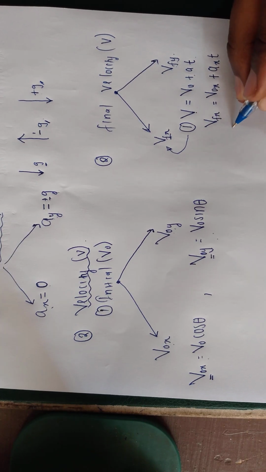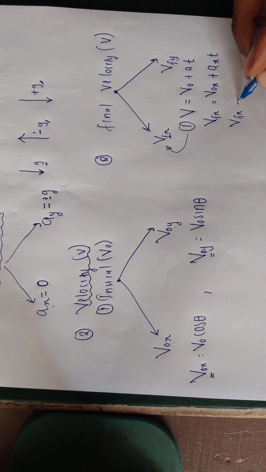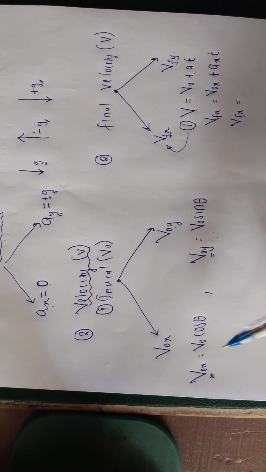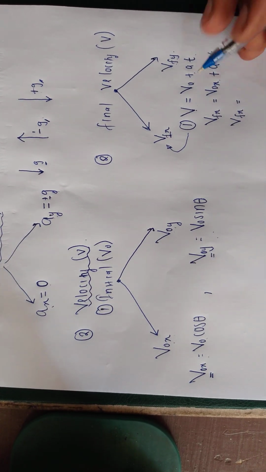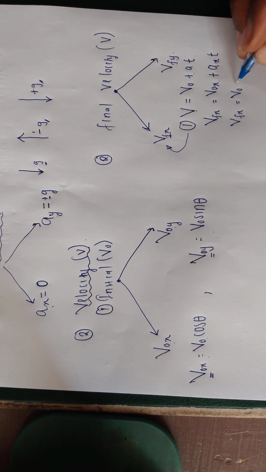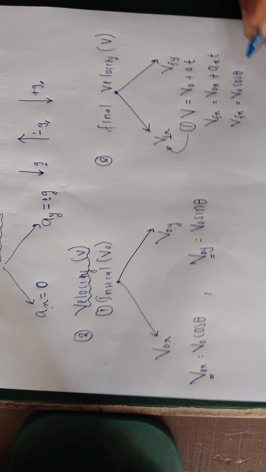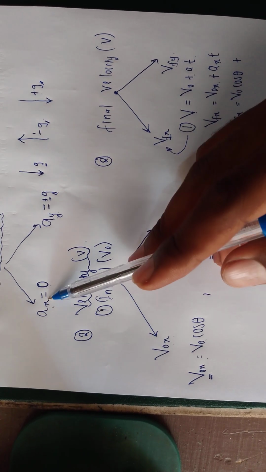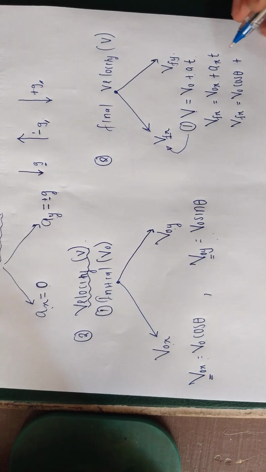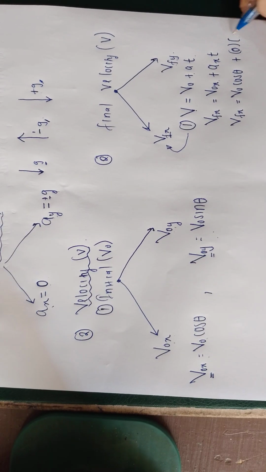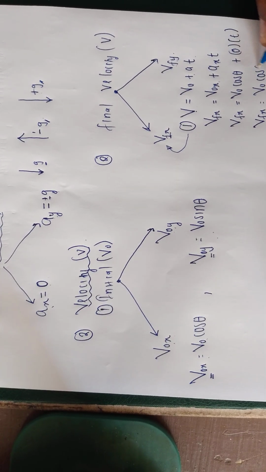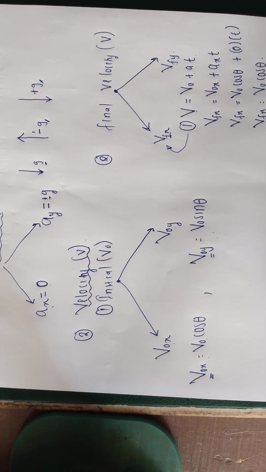So your final velocity in the x is equal to the initial velocity in the x, which we determined here: V0 cos theta, plus the acceleration in the x, which we said is 0, multiplied by t. Meaning the final velocity in the x is going to be given by V0 cos theta.